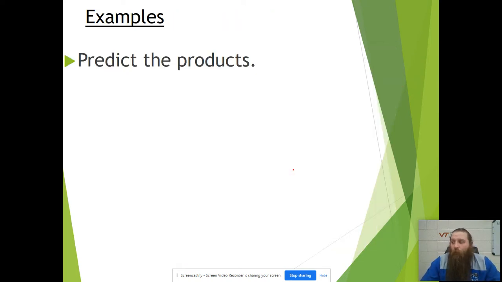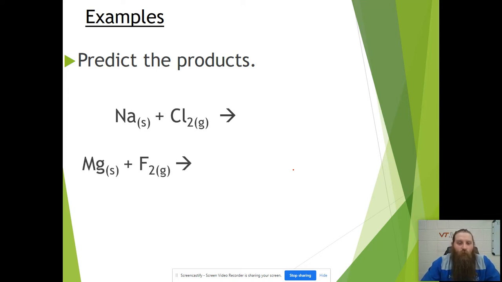Now, we do want to be able to predict products from our ability to recognize and categorize reactions. So if I just give you the reactants, hopefully you'll be able to say, what are the products going to be? Well, in this case, I have 2 single elements. So again, we're working synthesis. So I'm going to make NaCl. It's going to be a solid. Now we would need to balance this.